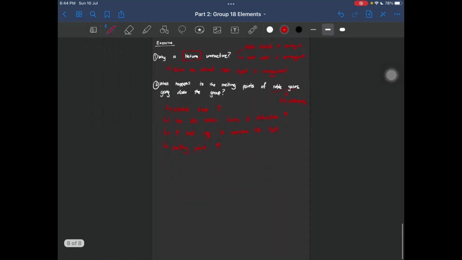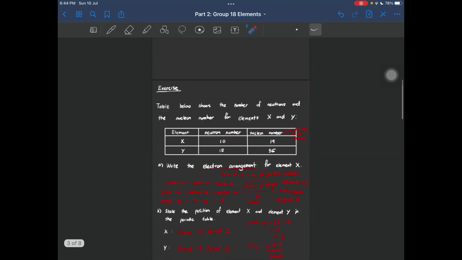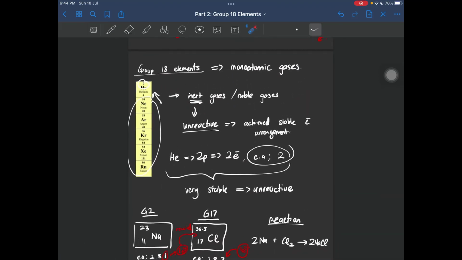Right, so that is all for today's lesson, right? So let us recap what we have learned. We have learned that the group 18 elements are the only elements that exist as monoatomic gases compared to other gases which are diatomic.